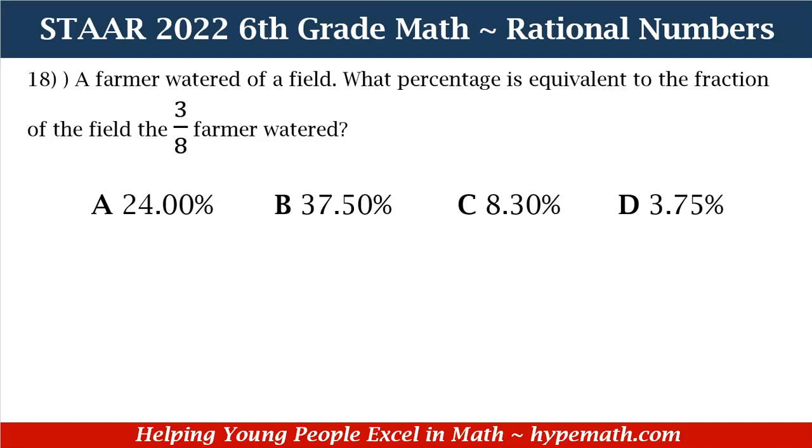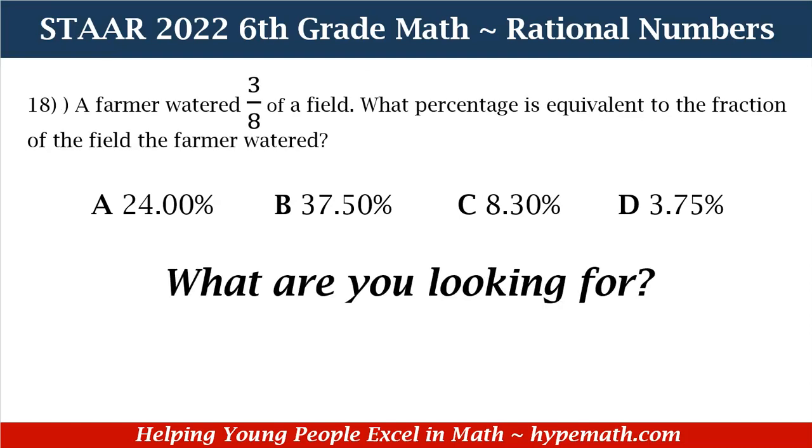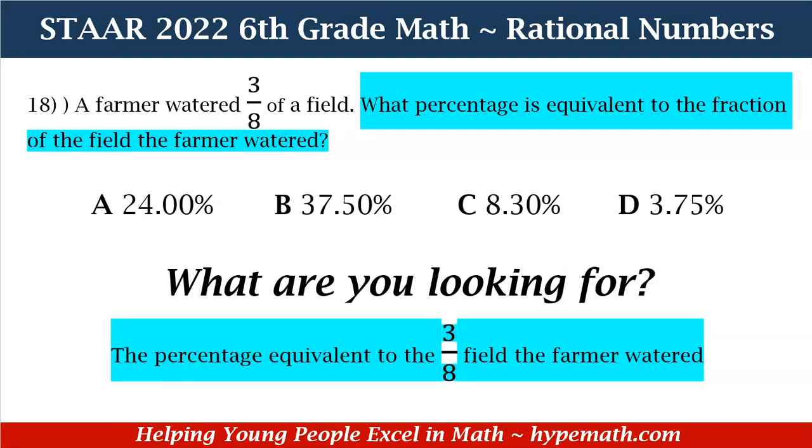A, 24%, B, 37.5 or 37.50%, C, 8.30%, or D, 3.75%. What are we looking for? We are looking for the percentage of the fraction of the field the farmer watered, okay? We are looking for the percentage equivalent to the 3/8 of the field the farmer watered.